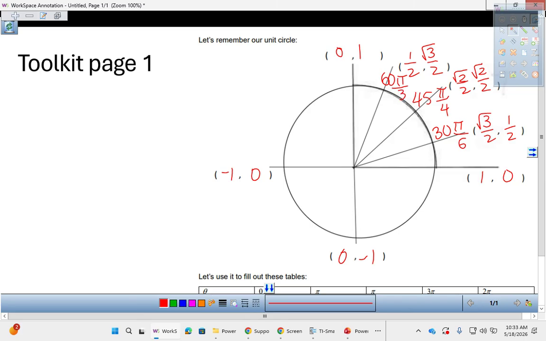And then our corner ones, 0, 90, 180, 270, back to 360. 0 and 360 are the same. Radians, that's 0, pi over 2, or some of you would call that 0.5 pi, whatever works. Pi, 3 pi over 2, or 1.5 pi, and then back to 2 pi, right?